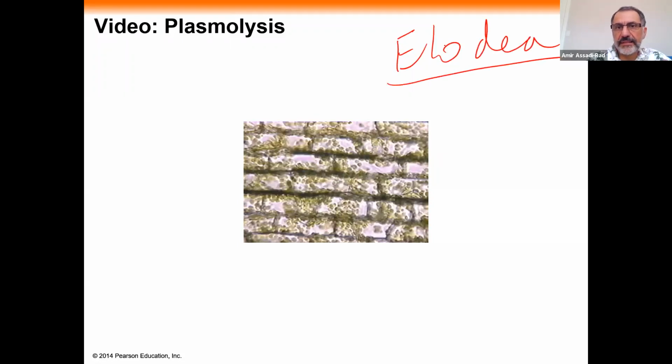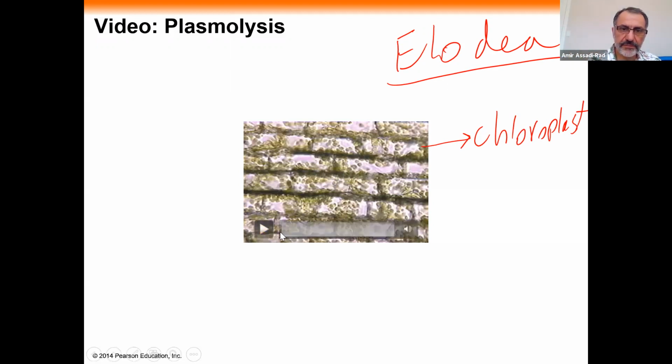That's the name of the plant. You will see here that cytoplasmic streaming occurs. The green dots are chloroplasts, and they do move around the cell. And then watch what happens.